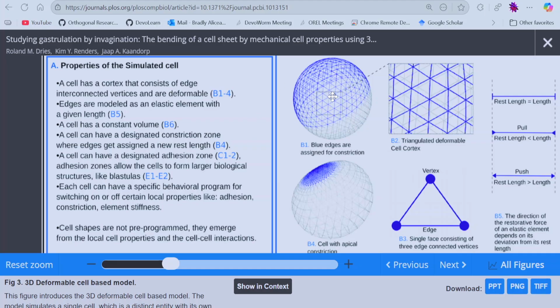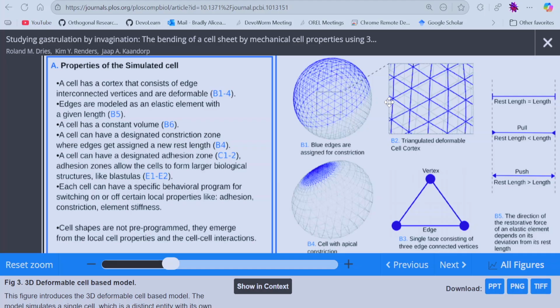They're putting then this triangular mesh on the surface of a sphere, which is the embryo. And so you're able to simulate the cells, you're able to simulate the surface, and you're not including a lot of interactions that are there that you can't directly measure.